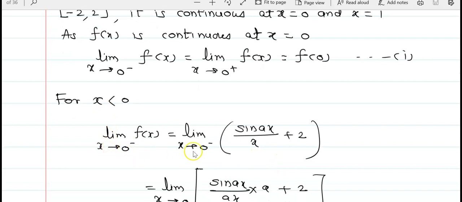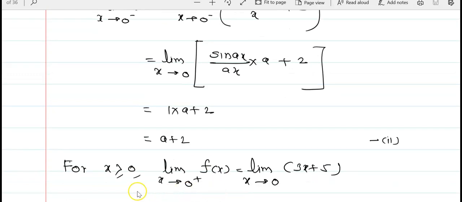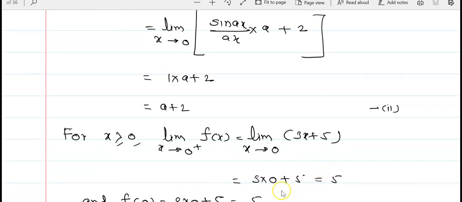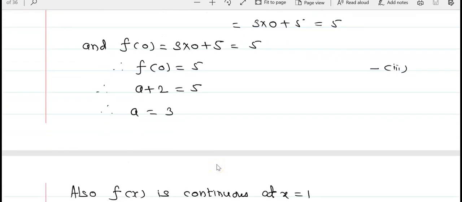For x less than 0, that is the left hand side limit, the function is sine of ax upon x plus 2; adjusting, you will get a plus 2. For x greater than or equal to 0, that is 3x plus 5, then you will get 5. That is, a plus 2 is equal to 5 because these two are equal. Therefore, a is equal to 3.